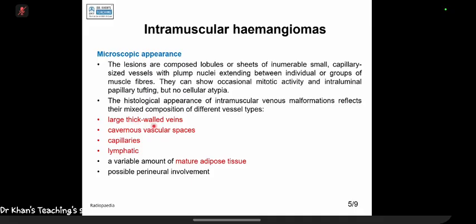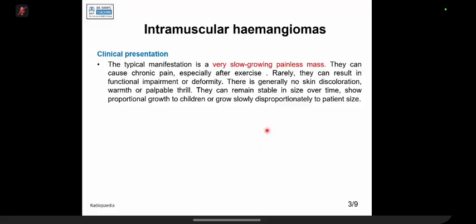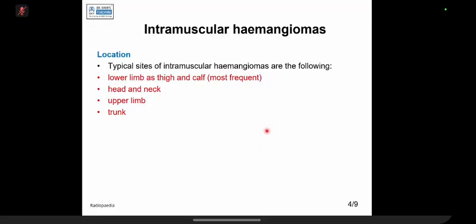There can be large, thick walled veins. There can be cavernous vascular spaces. These will be larger spaces than just the vein. There can be capillaries, there can be lymphatics, and there can be mature adipose tissue. And they are usually slow growing, painless masses. Where can it happen? Most common is lower limb, thigh, calf, head and neck, upper limb, and trunk.